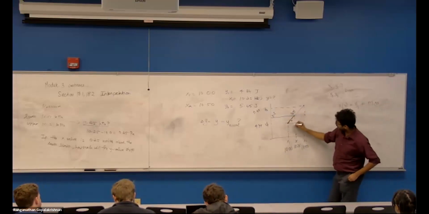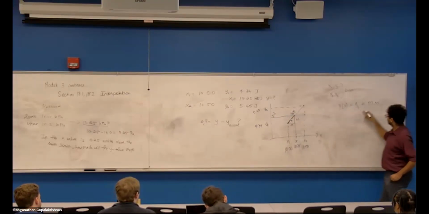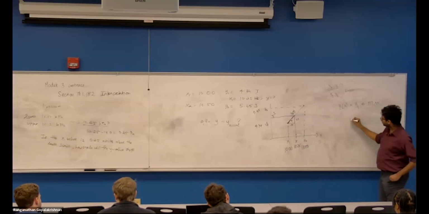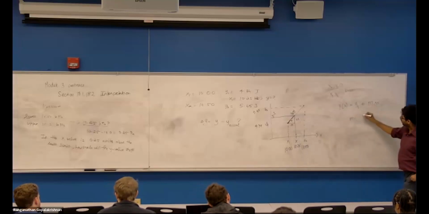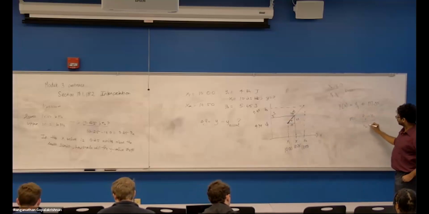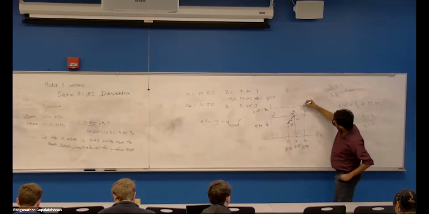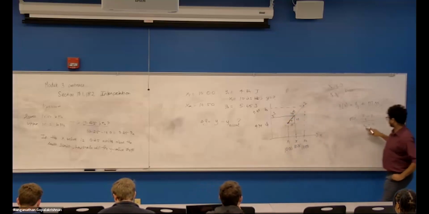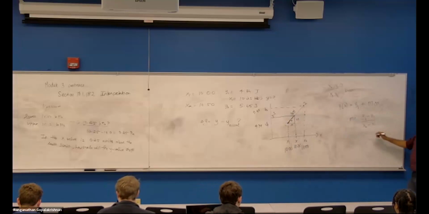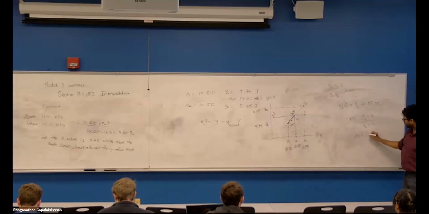So if this is delta x, this must be delta y. And what is the slope? Slope is y2 minus y1 divided by x2 minus x1. And delta x is the destination that you want to go minus your reference point.